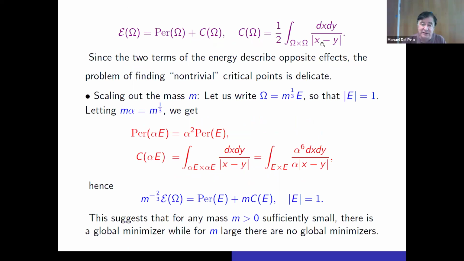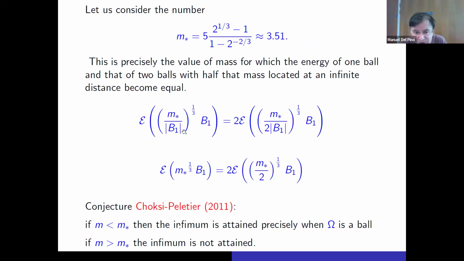So what this mass represents is the value M for which, if omega is the set consisting of two balls with volume M halves each, and you put them at very large distance, say infinite distance, one from each other, then the sum of these two things is equal to the energy associated to one ball of volume M. So this is what is said here.